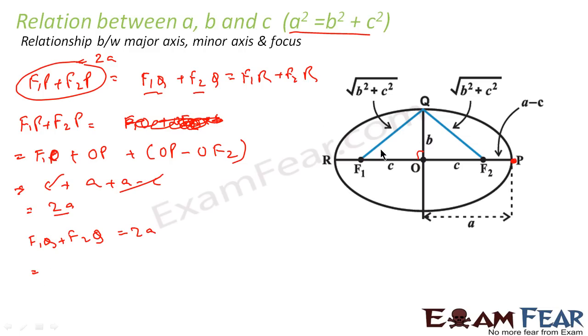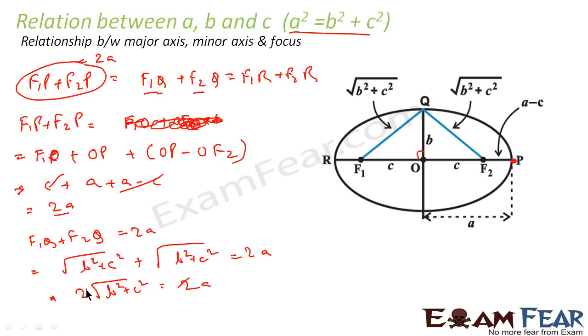F1Q is root B square plus C square, and F2Q is also root B square plus C square. This is equal to 2A, or 2 of root B square plus C square is equal to 2A. The 2 cancels, and we can square this. So we get B square plus C square is equal to A square, and that is what we were supposed to prove.